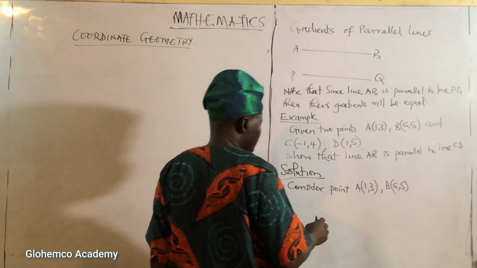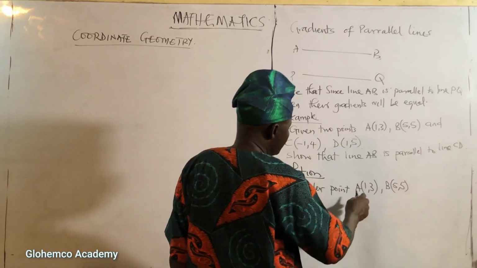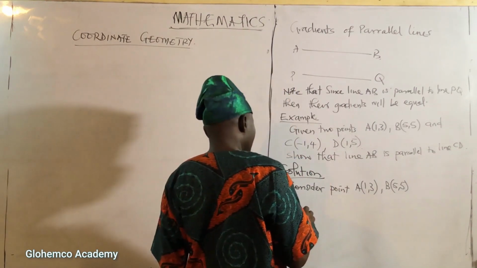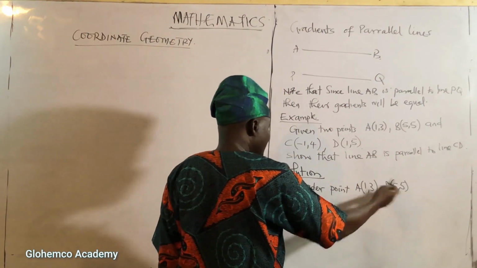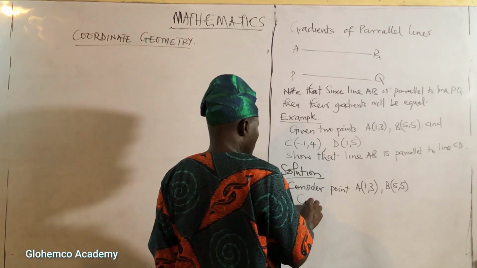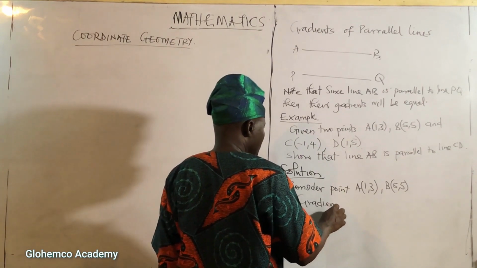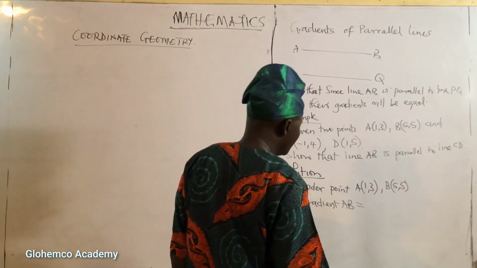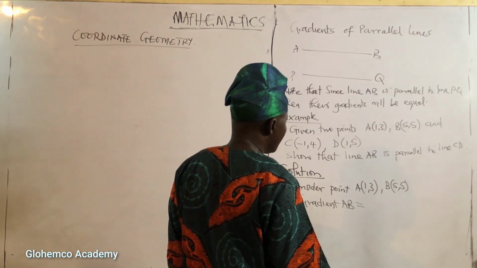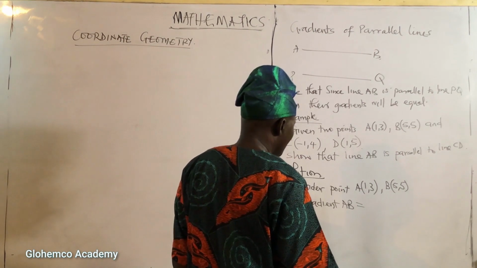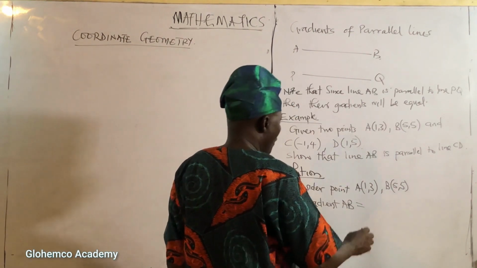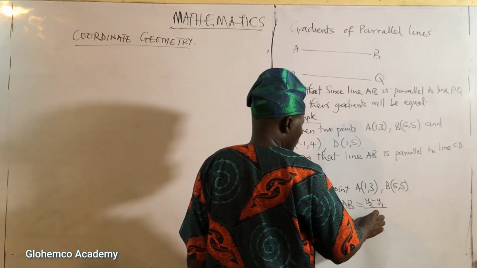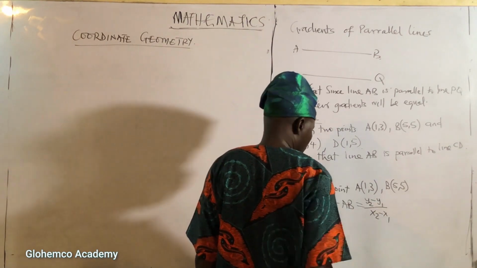Now, here, our point is AB. So, what is the gradient of AB? We want to find the gradient of AB. The gradient of AB will be Y2 minus Y1 all over X2 minus X1.